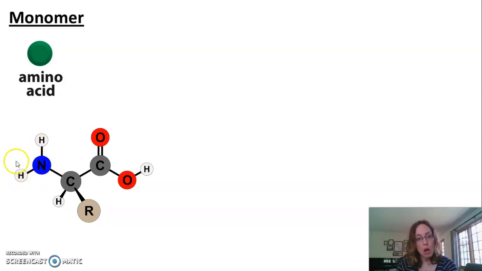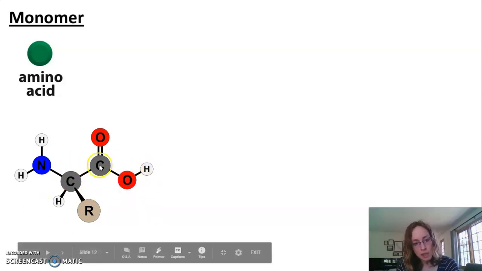That's why it's amino, because you've got this amine functional group. And then the acid part of the name comes from this carboxylic acid functional group. The reason that it's acidic is because when it goes in water, this hydrogen will break off, and that's how we define acids, by that they produce hydrogen ions. And so usually when this is dissolved in water, that hydrogen is actually not there. So that's an amino acid.